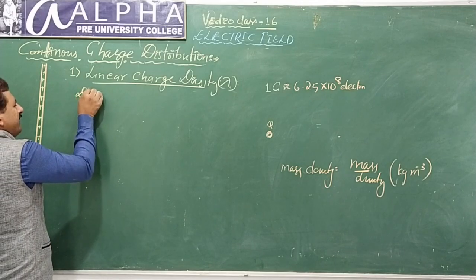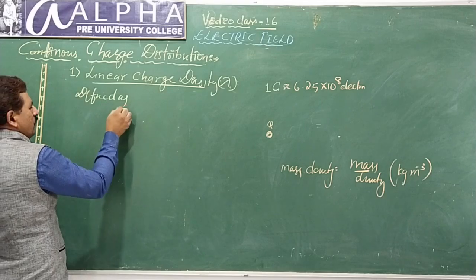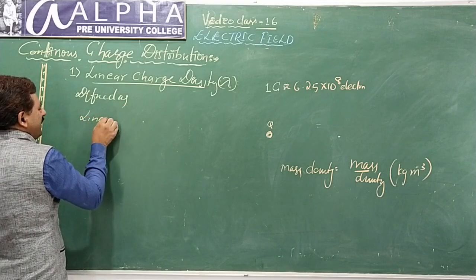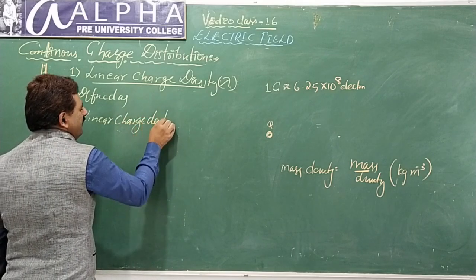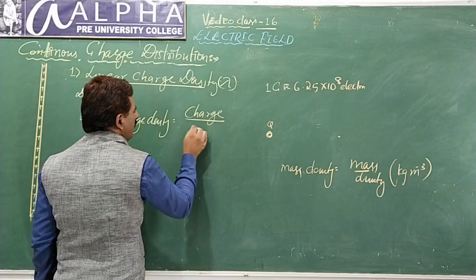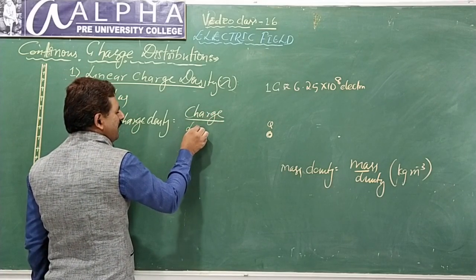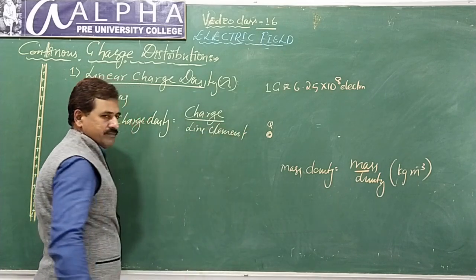It is defined as a ratio. I write here, linear charge density. What is linear charge density? It is charge per unit line element. Why the word line element?